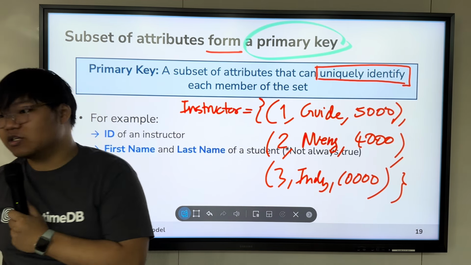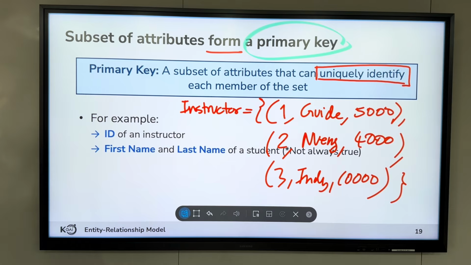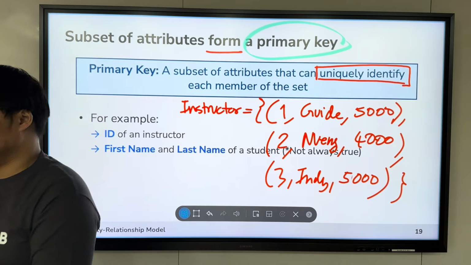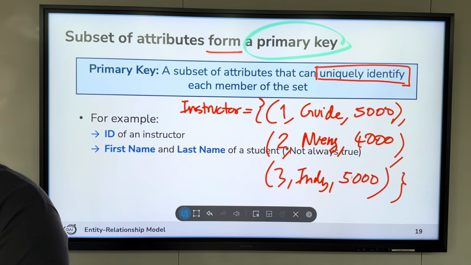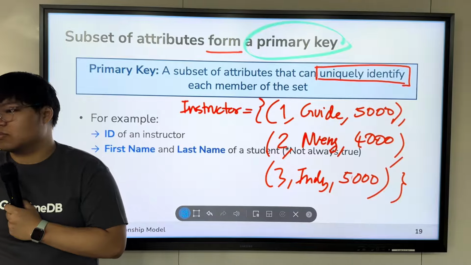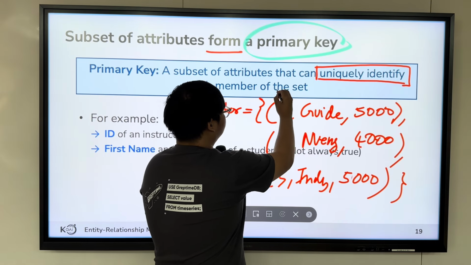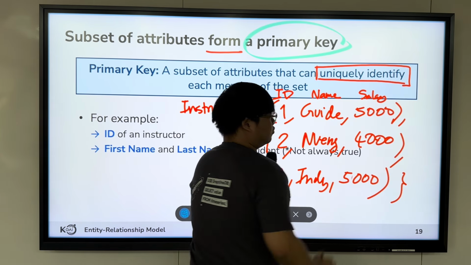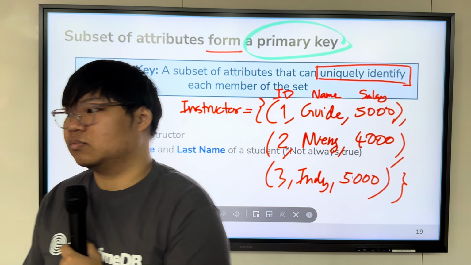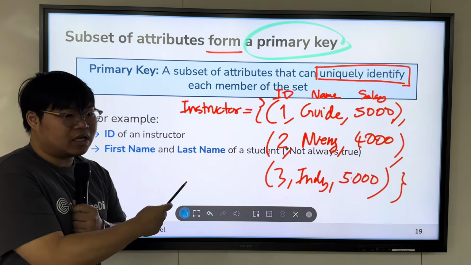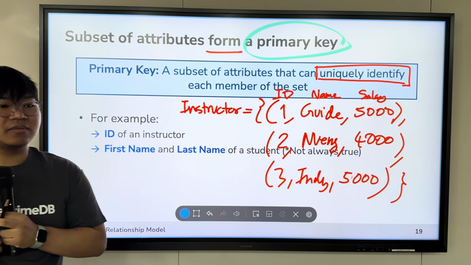I have this set of instructors. Let me ask you, which attribute or which subset of attributes can be primary key? Can uniquely identify each member of the set? Can ID uniquely identify each member of the set?